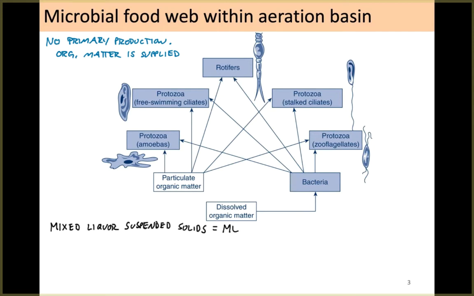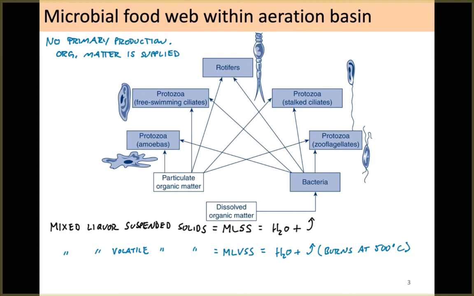The combination of this microbial biomass along with the water that it's moving with is what's called mixed liquor suspended solids, or MLSS is the common abbreviation for that. And the other one that we'll use occasionally is mixed liquor volatile suspended solids. And the difference being that V for volatile, these are the suspended solids that are thought of as organic, and we measure that by burning those off at 500 degrees centigrade.